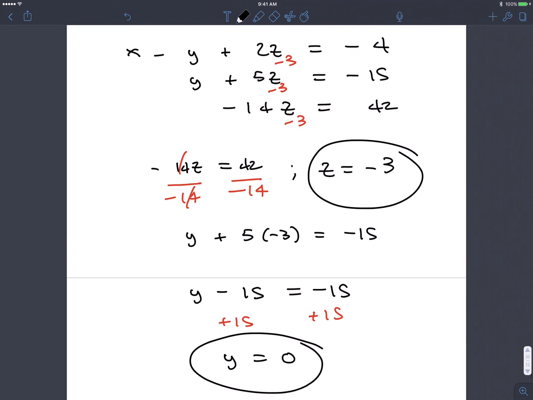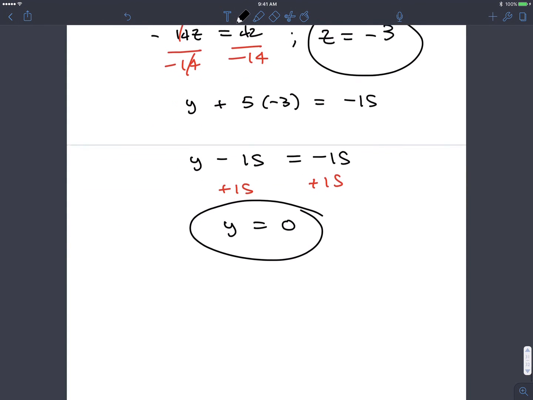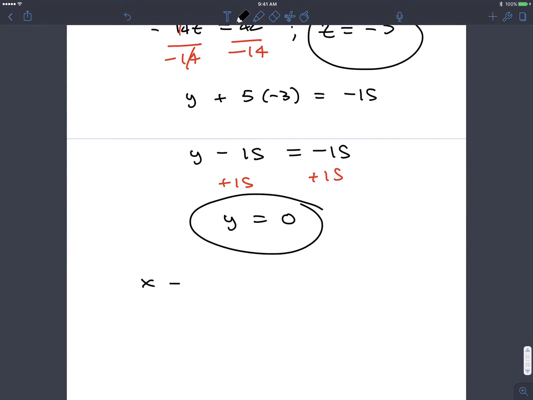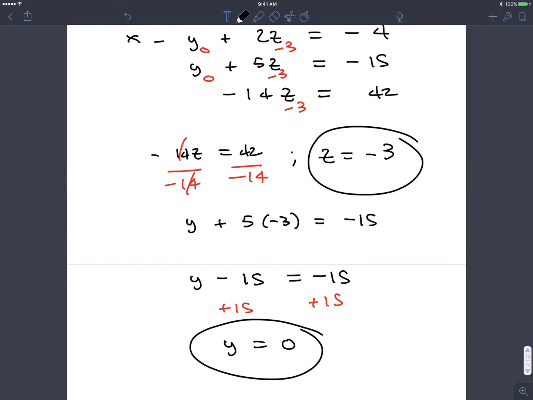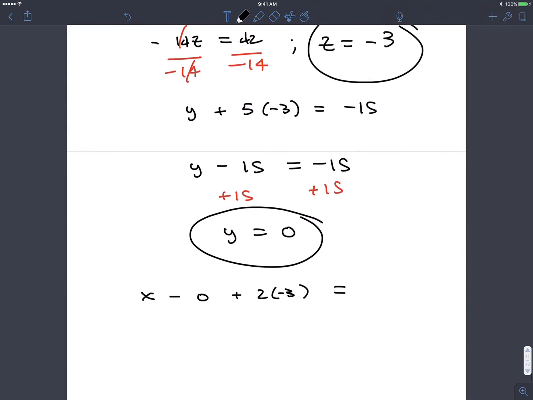So we're on our way. We can replace this y with a 0 and this y with a 0. The first equation now becomes the following. X minus 0 plus 2 times negative 3 is going to be a negative 4.